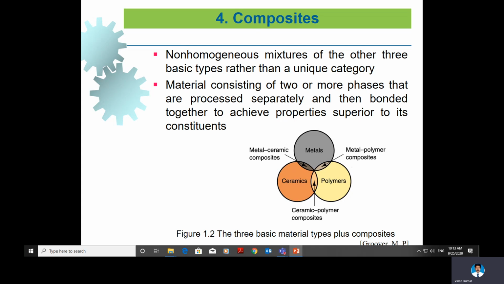You can find composite materials in airplanes and ships, wherever weight is critical, and in rocketry and space applications, where the strength-to-weight ratio is important. We go for a composite, which is a combination of metal and polymer, or polymer and ceramics, or metal and ceramics. It's a combination of two phases, two materials. These are the most widely used composite materials.